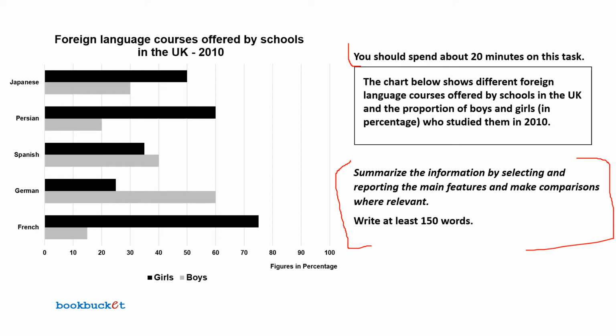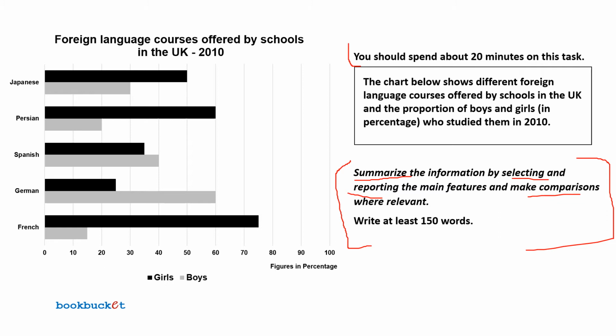So it is very important that we analyze and dissect the question prompt properly. Try to understand the question well, and of course summarizing information, selecting and reporting. Of course we will do it, but what we lack is understanding the question. So let us make sure that we understand the question properly. What is this question prompt asking of you?